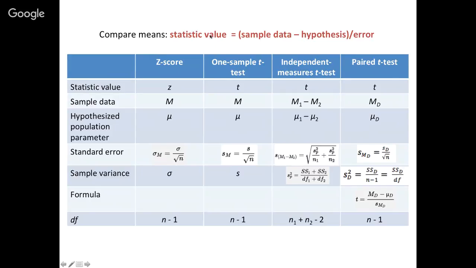This is the general structure of the formula of the statistical value. The general structure is the sample data minus the hypothesis, and then this term divided by the error. So the statistic value can be considered as a ratio between the treatment effect and the error term.